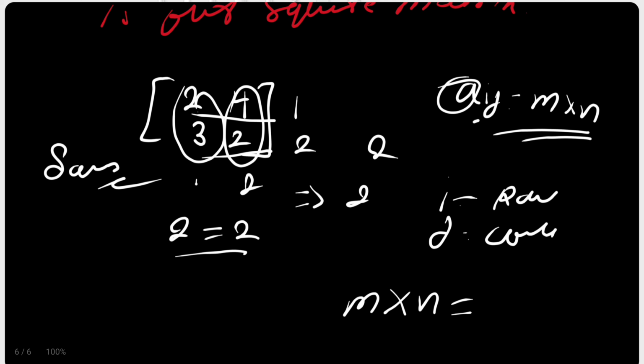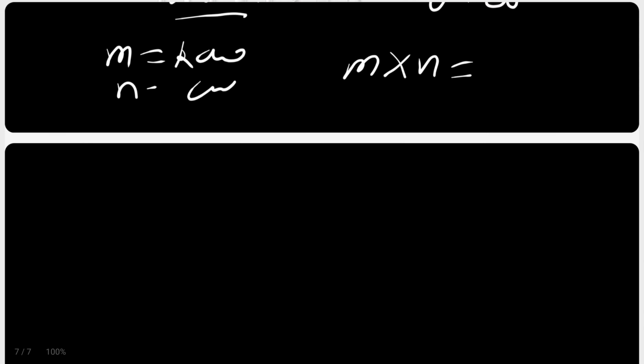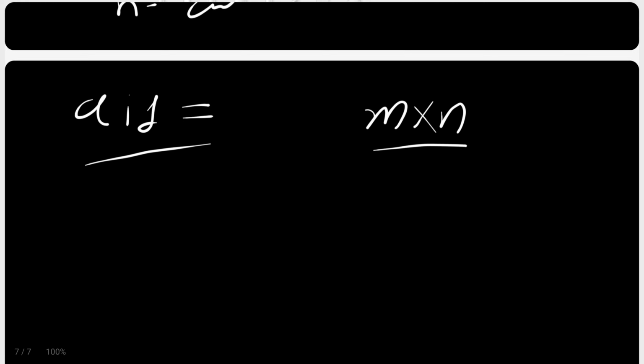Let's take an example of this m and n. m means row, and n means column. Let me first explain row and column, then you will see i, j and m cross n. You are going to see this lots of times. i means row, and j means column.